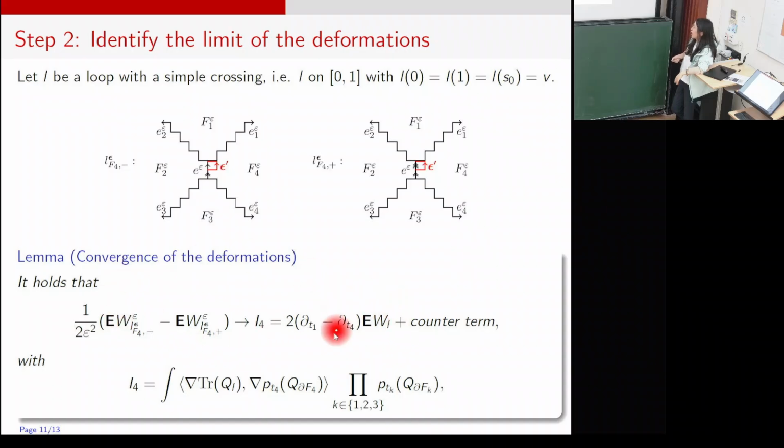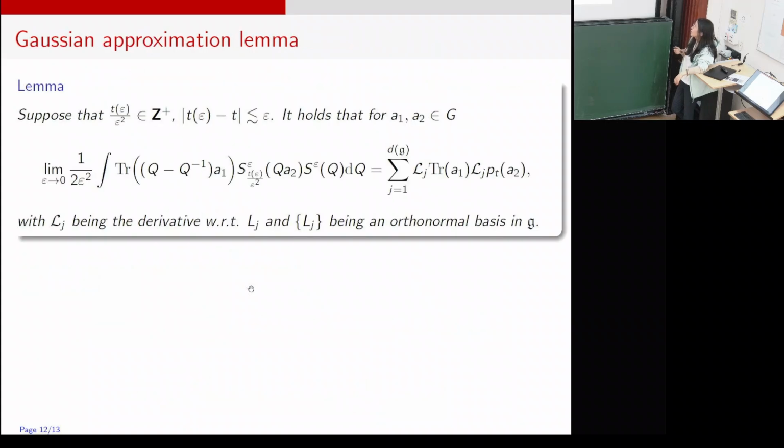And to prove this kind of result, we also use the Driver's formula. In fact, we use this Driver's formula to write it in the following way. We also use the discrete S epsilon, and also this convolution of the Wilson actions. And we can write this negative deformation and positive deformation in terms of the following integrals.